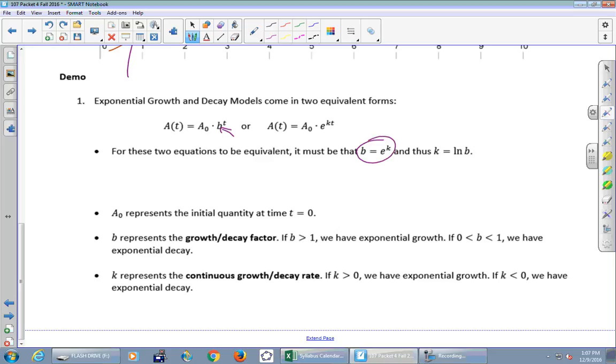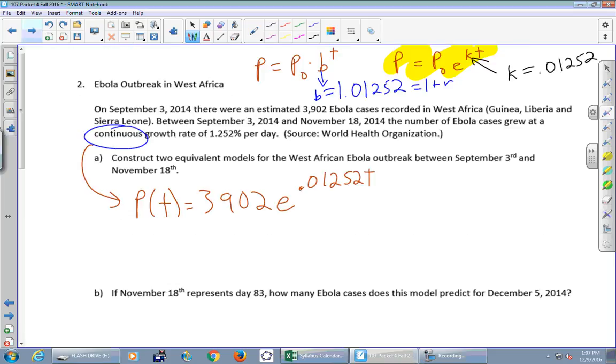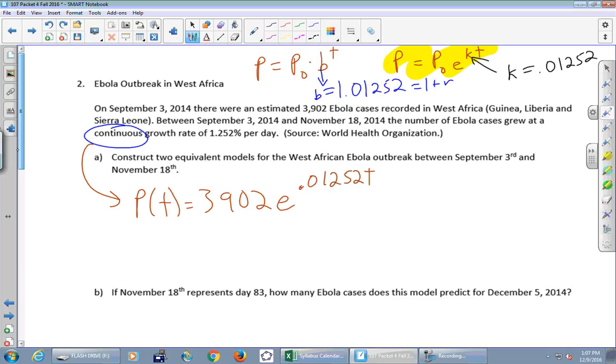If you happen to know the K, which was 0.01252 in our example, and you want to find B, there's your formula: B equals E to the K.